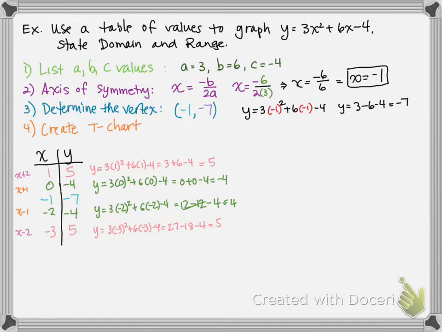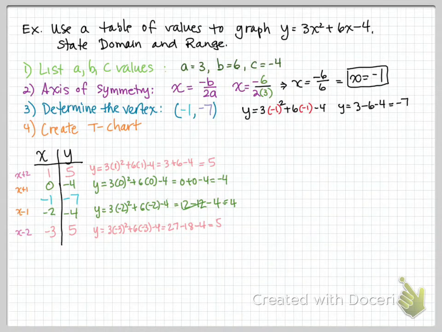I think I'm going to pull in some graph paper just to make it easier. All right, so we're going to graph. Let's see, I need to go to 5 up and -7 down. So we'll start with kind of counting that way. And then this would be my x-axis. 2, 3, 4, 6.